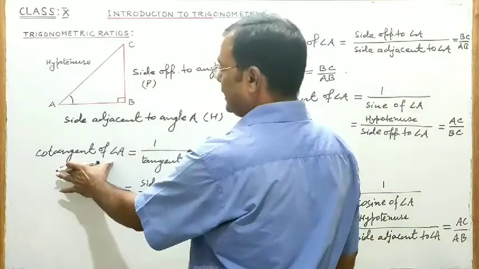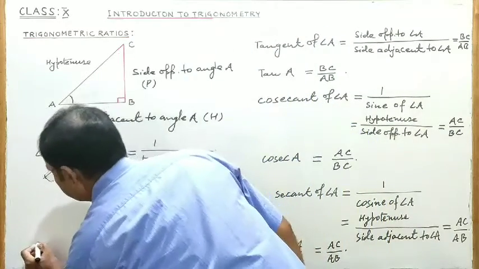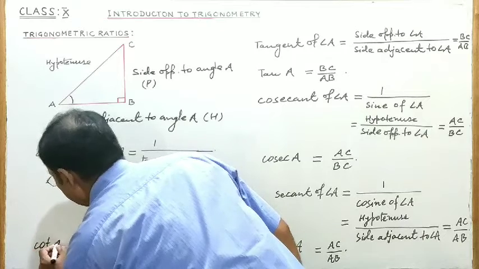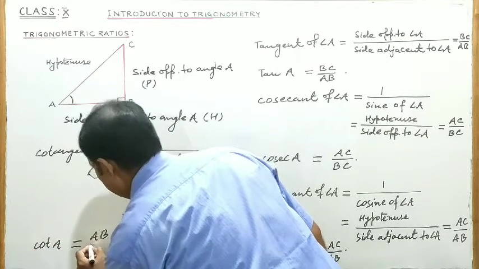This cotangent of angle A is abbreviated as cot A, equal to AB by BC.